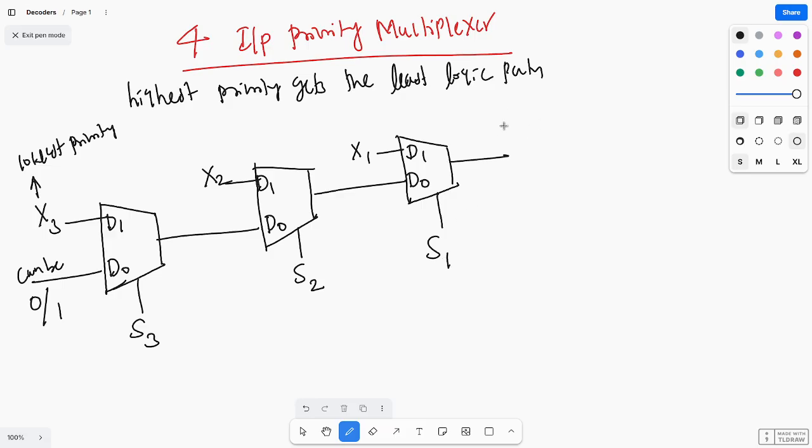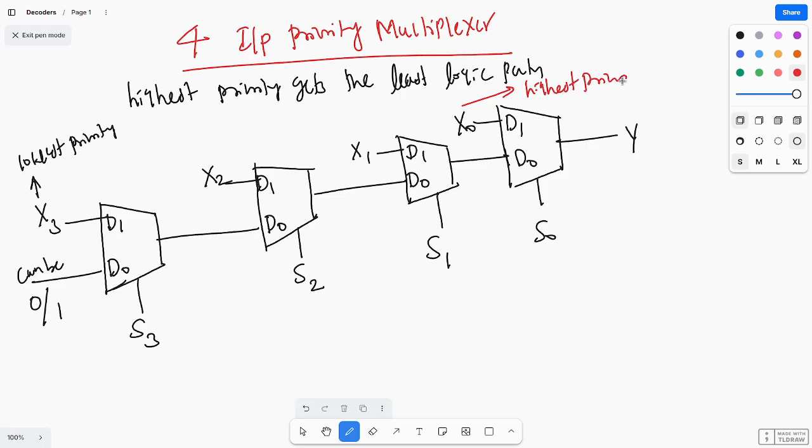Then it is given to one more 2 cross 1 mux, with x0, and the output is y, and this is s0. So this has the highest priority, whereas x3 has the lowest priority.